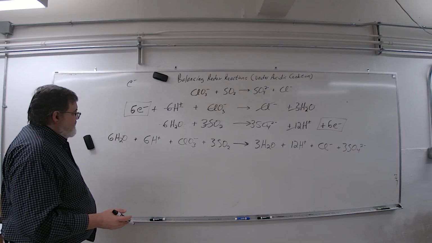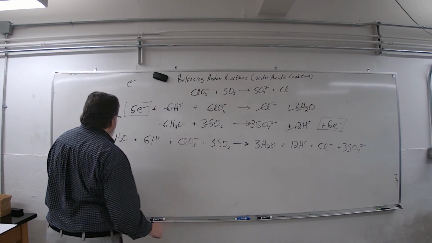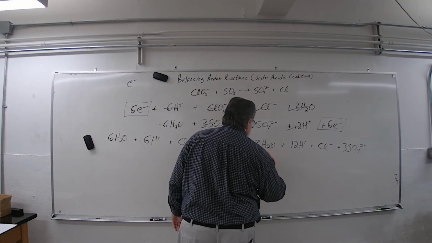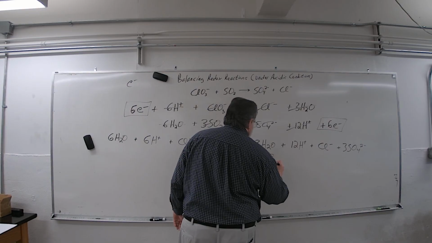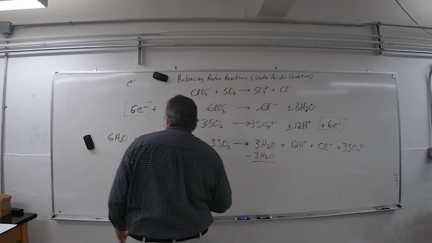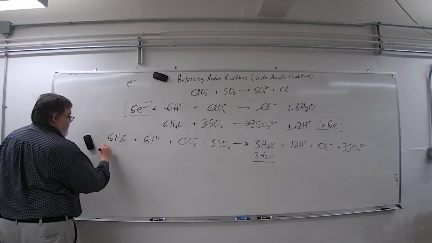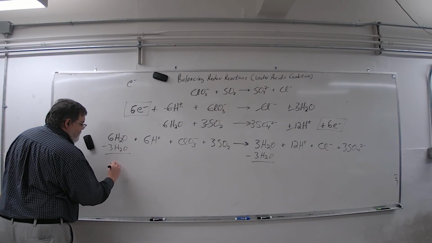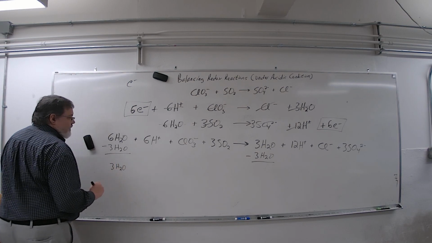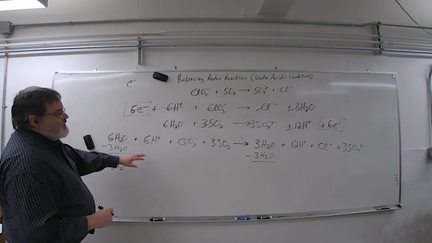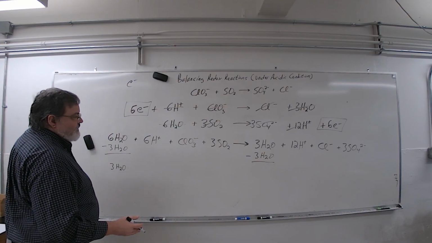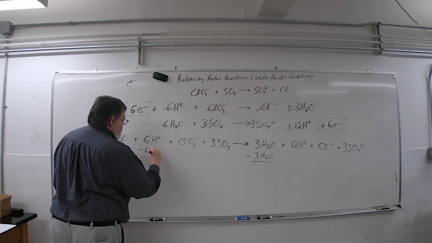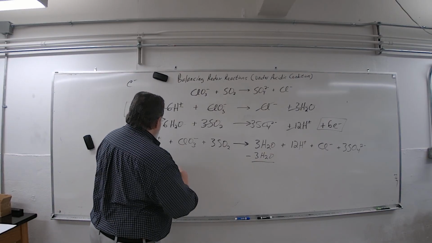So what we're going to do is, we've got 3 H2O over there and 6 here. So I'm going to subtract. So now I've got no H2O here. And is that 3? So that leaves me 3 H2O left over. All right, I also have H plus on both sides. I'm going to subtract 6 H pluses to get rid of them on one side.